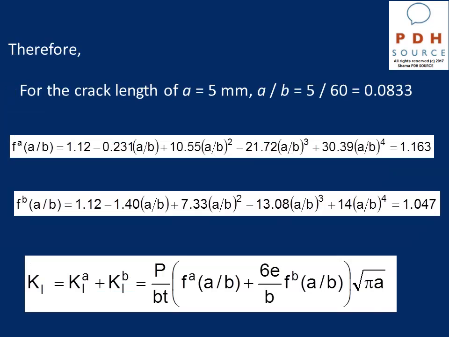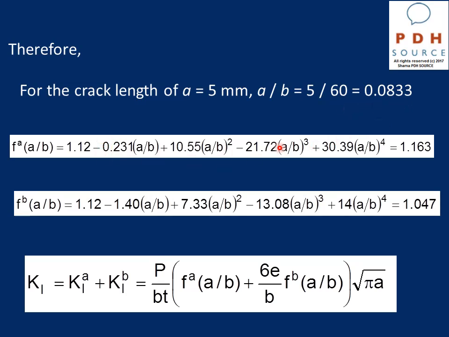Now for a crack length of 5 millimeter, we have a over b equals 5 over 60 equals 0.0833.